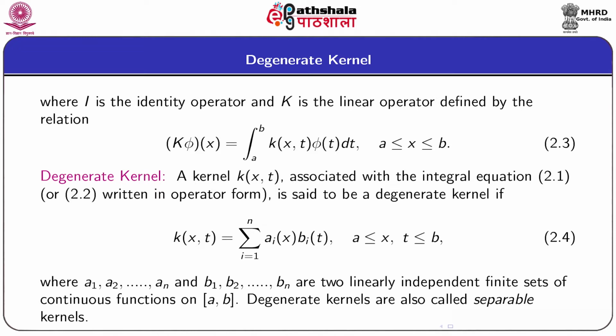Here a_i(x) and b_i(t), i equal to 1 to n, are two linearly independent finite sets of continuous functions on the closed interval [a,b]. Now the degenerate kernels are also called the separable kernel.